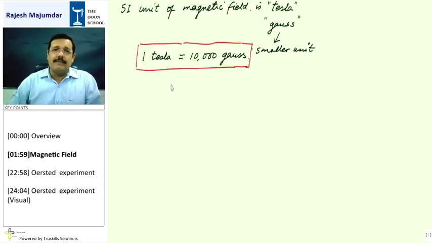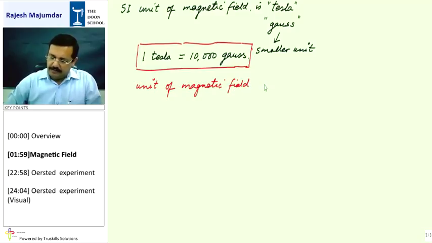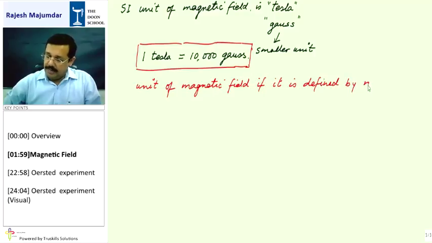So magnetic flux density and magnetic field intensity are similar in nature. And when we define magnetic field intensity in terms of flux, then there is another unit of magnetic field, if it is defined by magnetic flux, and that is Weber upon meter square.